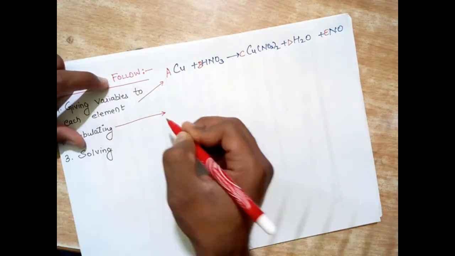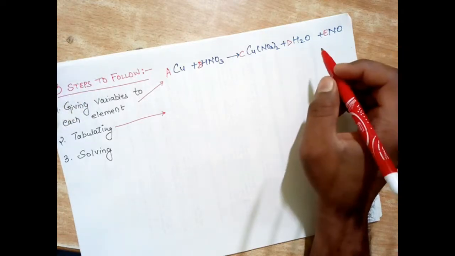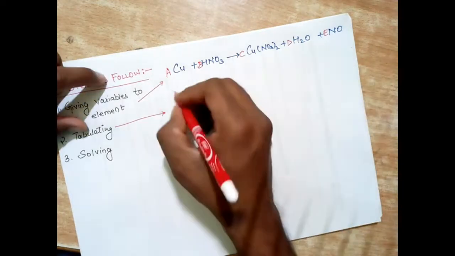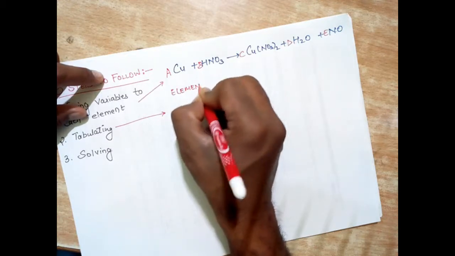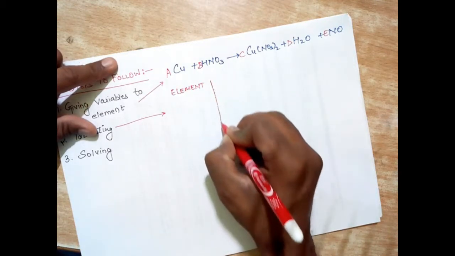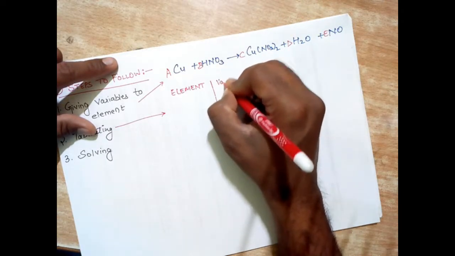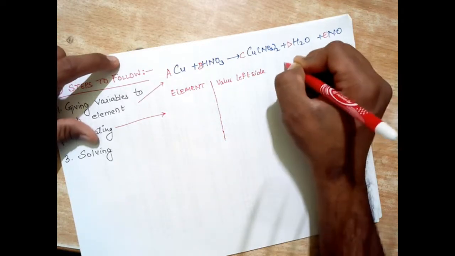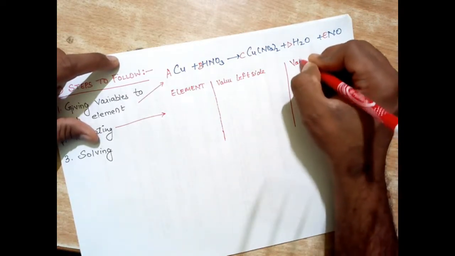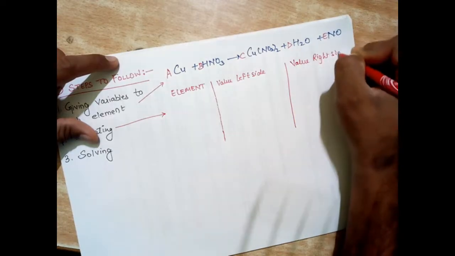In the next step, we are going to tabulate all these numbers as per their amount present on each side. That means in the first column we are going to write the element, in the second column the value on the left side, and in the third column the value on the right side.